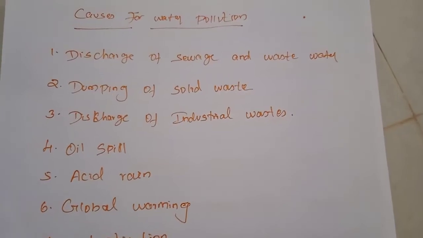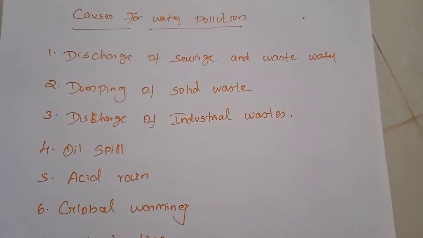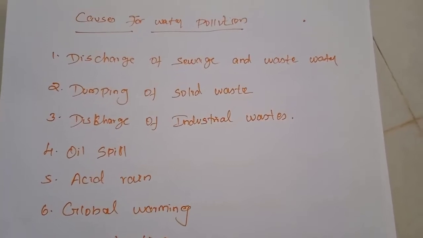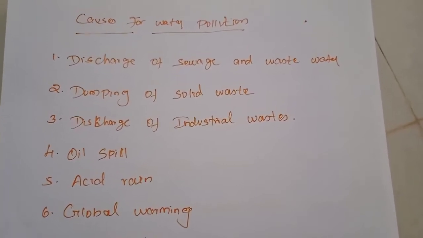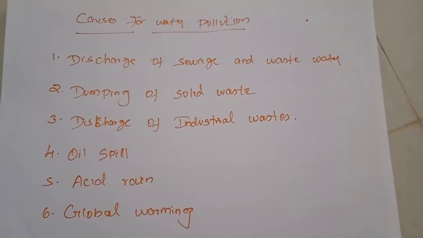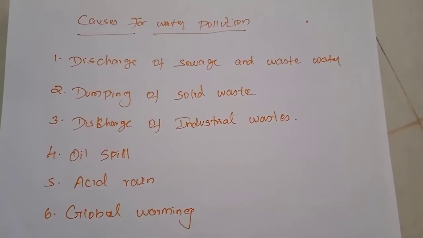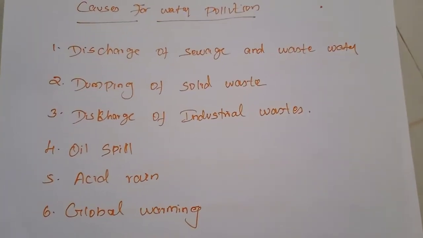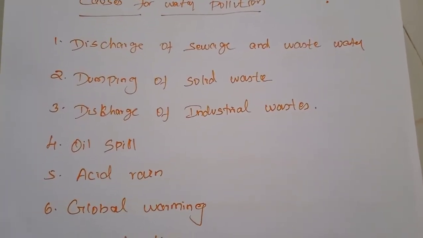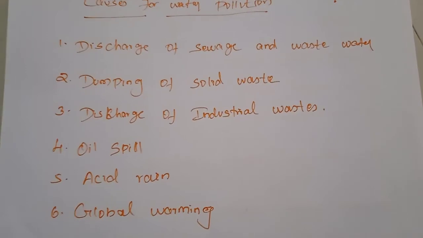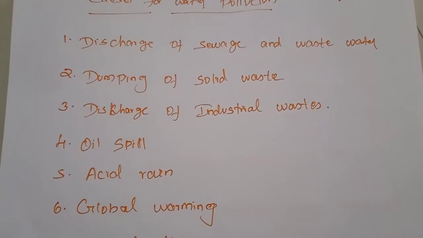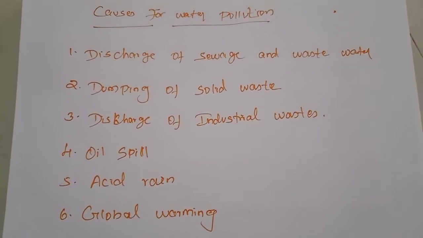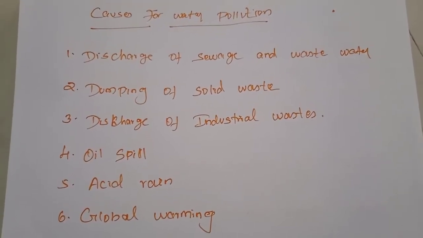First one is discharge of sewage and wastewater. The sewage, garbage and liquid waste of households, agricultural runoff and effluents from factories are discharged into lakes and rivers. Even in our areas, many sewages are mixed with the sea, the river, or a lake nearby our localities.